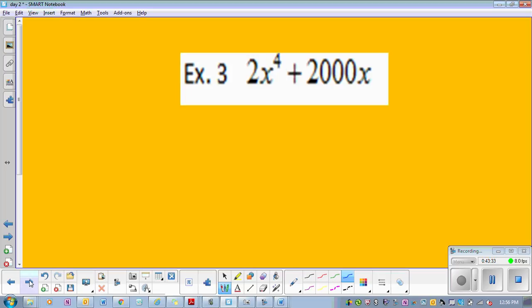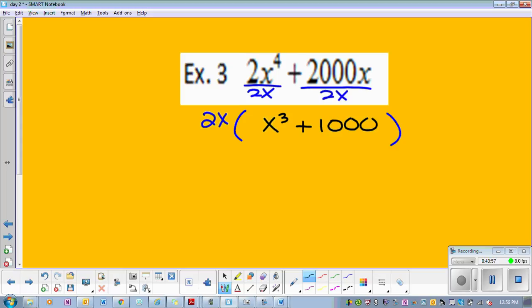I do have 2 terms, but it says x to the 4th. Do we have a GCF? Yes. What is it? 2x. So we have x cubed plus what? 1,000. All right, you guys try this.